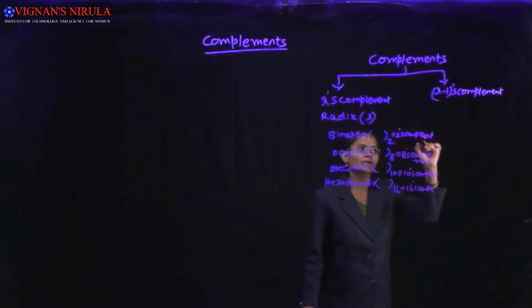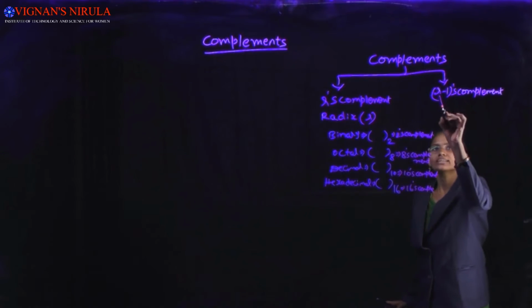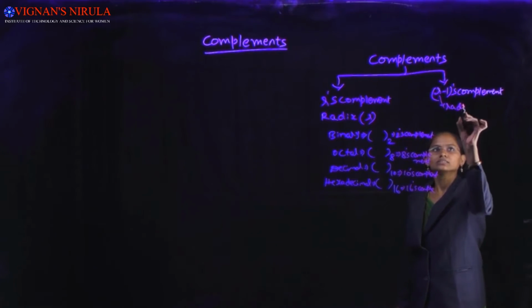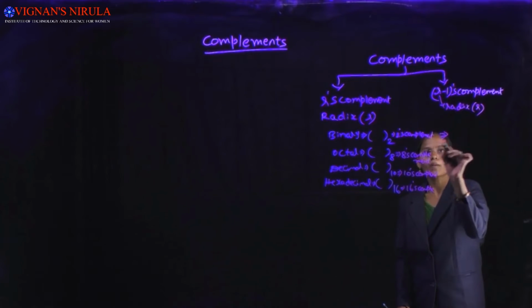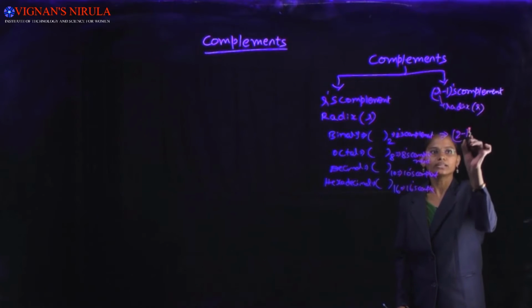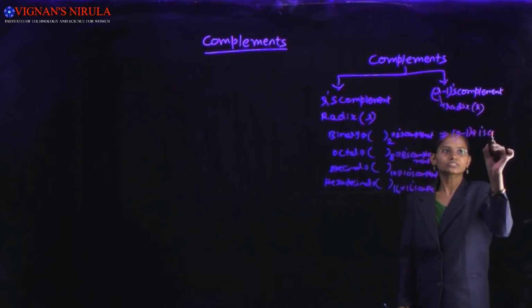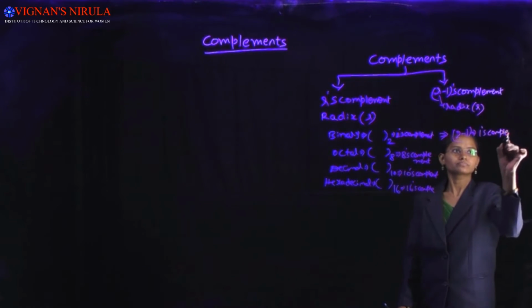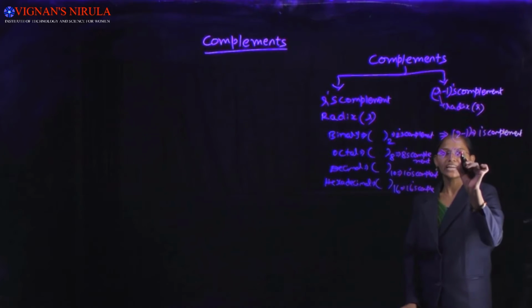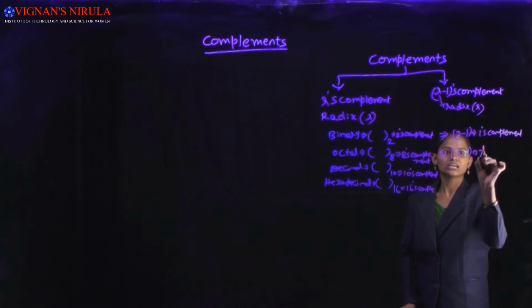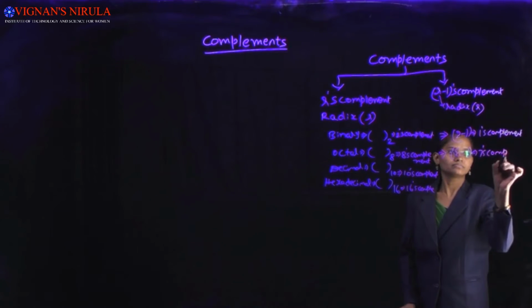Coming to the R minus 1's complement, here R is the radix. In binary, radix is 2, so 2 minus 1 is the 1's complement. In octal, radix is 8, 8 minus 1, that is the 7's complement.